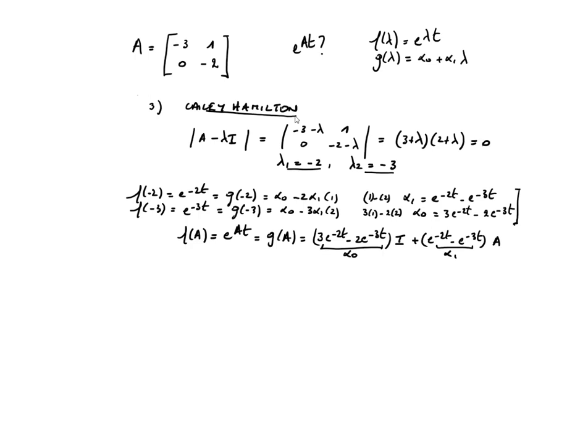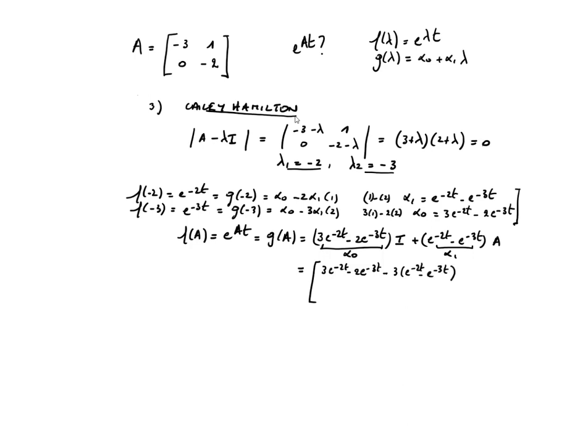If you compute this, you'll have 3e to the minus 2t minus 2e to the minus 3t, that's coming from this one, and then you'll have minus 3 times e to the minus 2t minus e to the minus 3t, right?